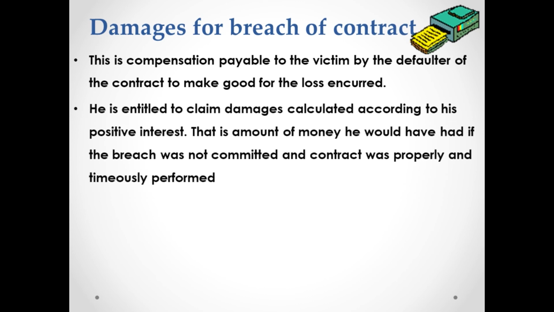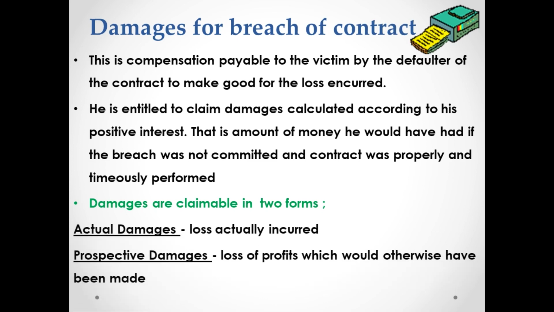The injured party is entitled to claim damages calculated according to his positive interest, that is, the amount of money he would have had if the breach was not committed and the contract was properly and timeously performed. So damages are claimable in two forms. That is actual damages, loss of actual things incurred.